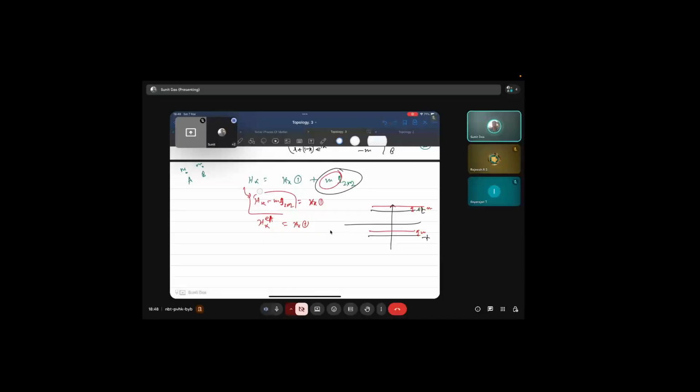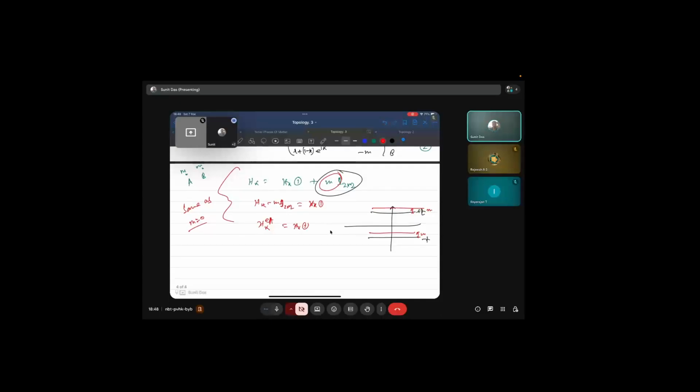For any physical problem, you can theoretically shift the whole energy levels by a constant amount and the physics doesn't change. So this case is not interesting. It is the same as mass equal to 0. We are just shifting the whole system by some constant energy.